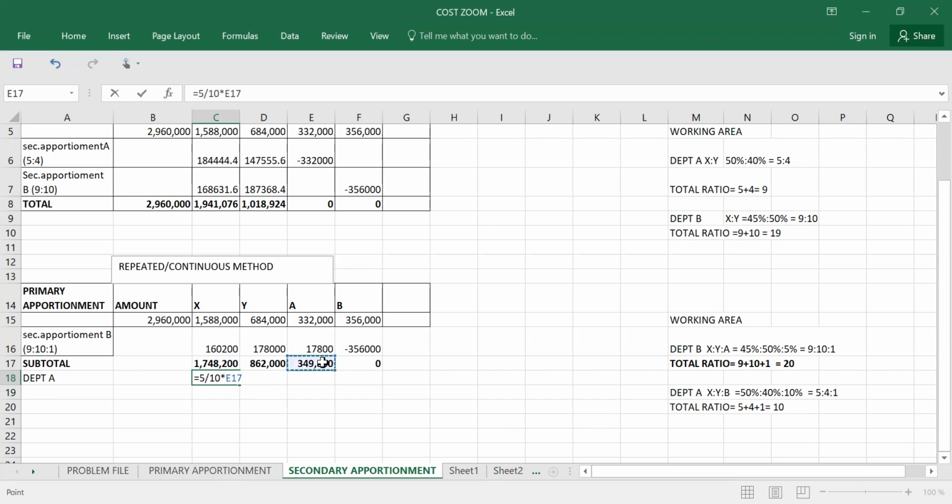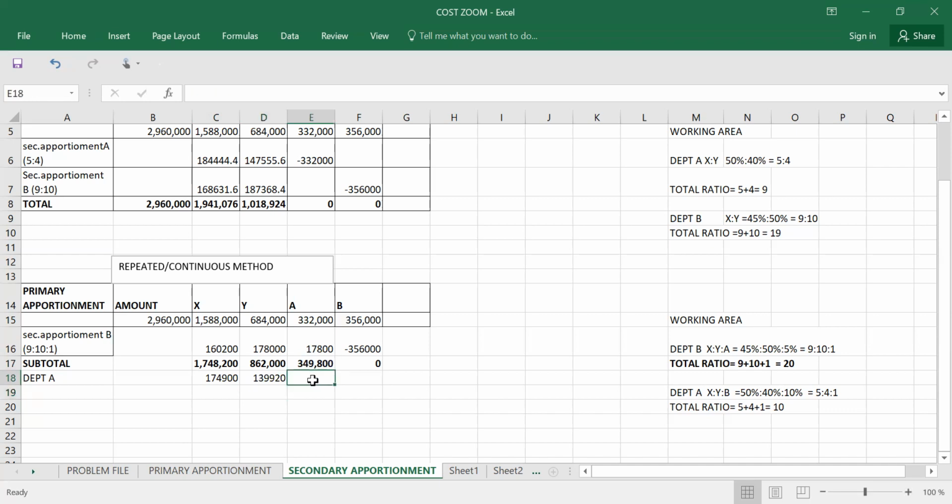So that is what we're multiplying with. It is what A is distributing to these people, right? Now even this one is equal to 4 divided by the total ratio, which is 10, multiplied with that.